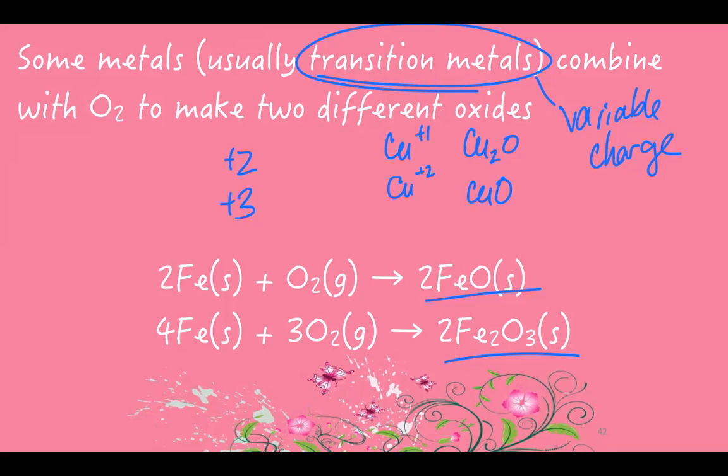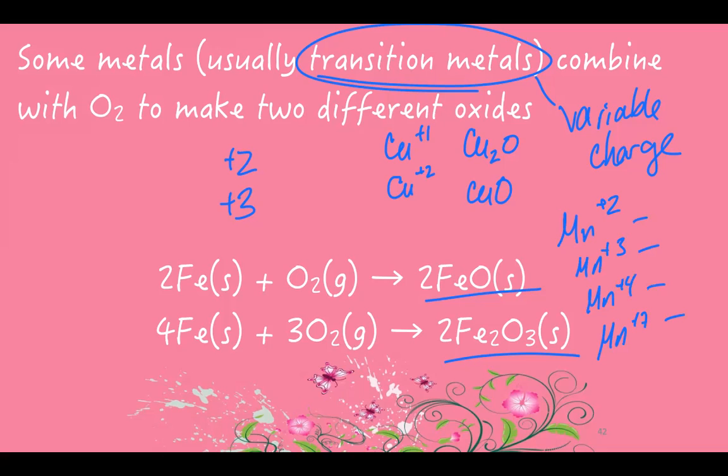When you come to other transition metals like manganese, manganese can be, where is it again? It can be +2, +3, +4, or +7. That means you're going to have 4 possible oxides for manganese.